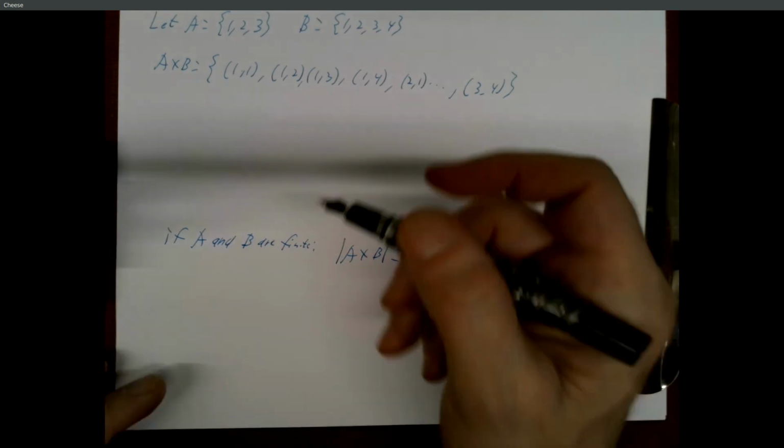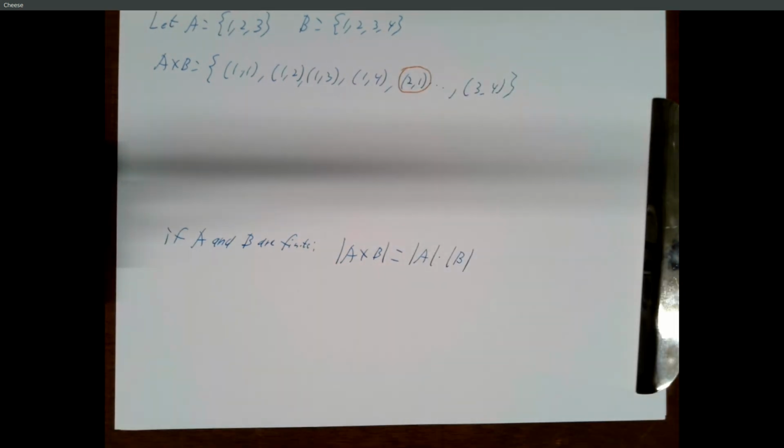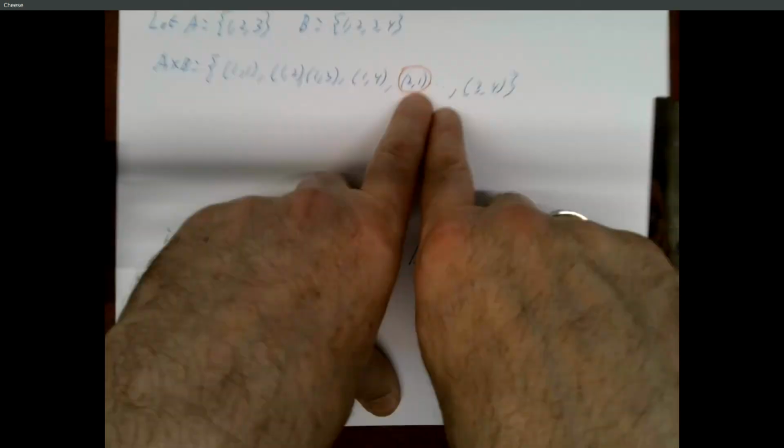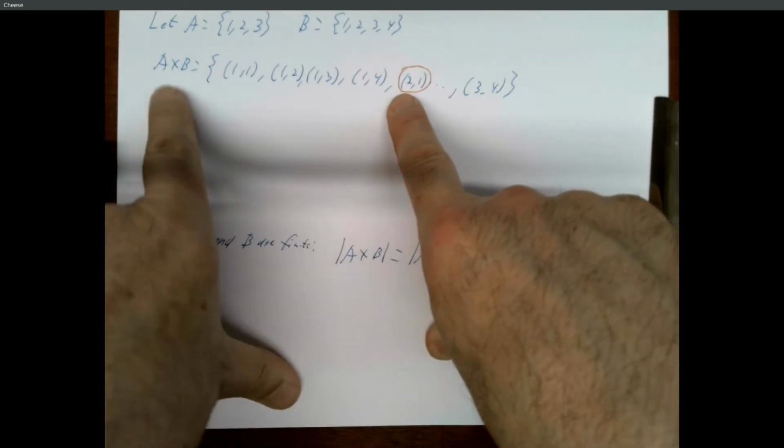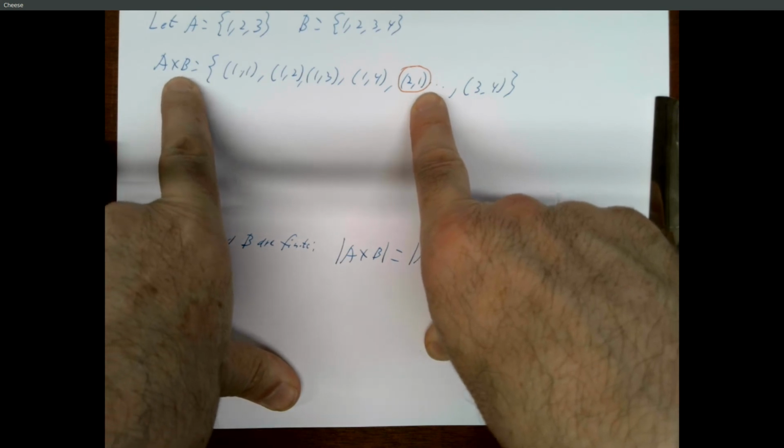And remember, each of these things is not a set. It's this new entity we're calling a tuple, or an ordered pair. And so there's a notion of a first number and a second number. Because the first number has to come from the first set, the second number has to come from the second set. So A and B.